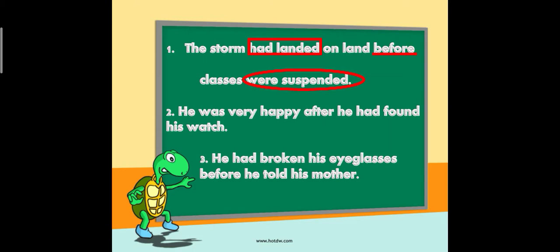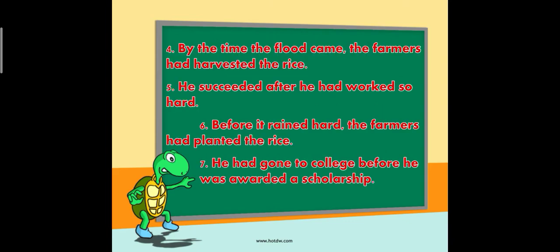Number 3. "He had broken his eyeglasses before he told his mother." Number 4. "By the time the flood came, the farmers had harvested the rice." Number 5. "He succeeded after he had worked so hard." Next, number 6. "Before it rained hard, the farmers had planted the rice." Number 7.